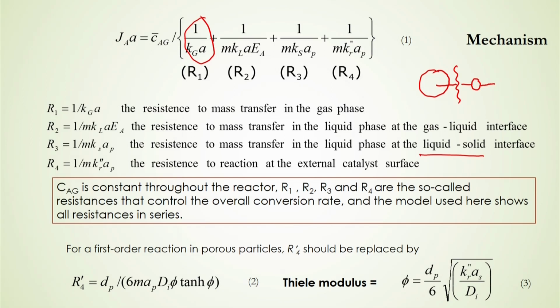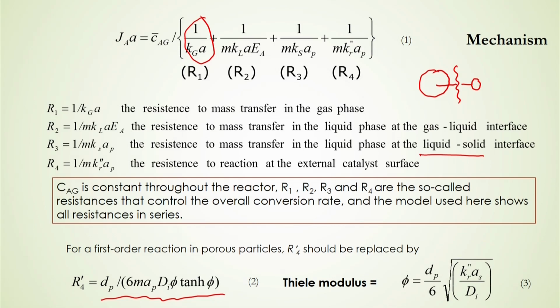Here this R dash 4 will be represented by this equation, d_p by 6 M_AP D_i, phi into tanh phi here. This phi is called the Thiele modulus, which will depend on the particle size and also the rate of reaction there inside the bed. Also there will be the surface area of the surface and the molecular diffusivity of the component I.